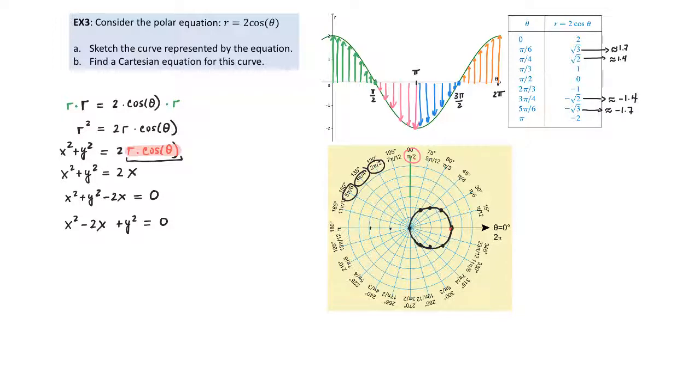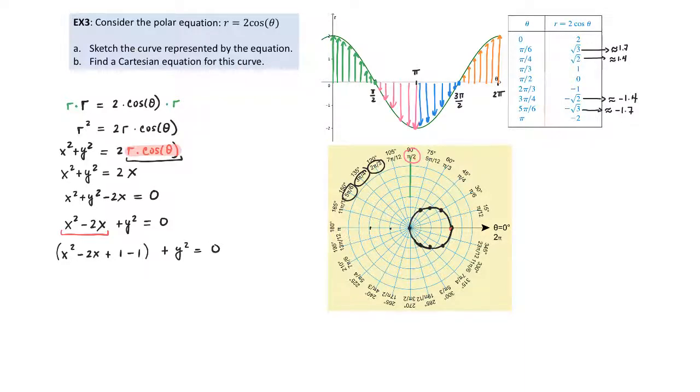And I will complete the square on the terms containing x. So completing the square, that will be x squared minus 2x plus 1 minus 1 plus y squared equals 0.